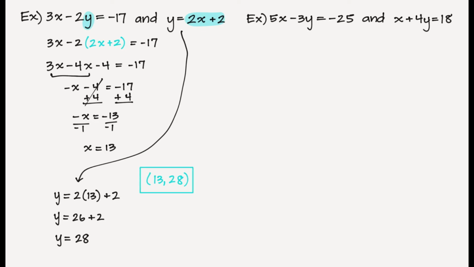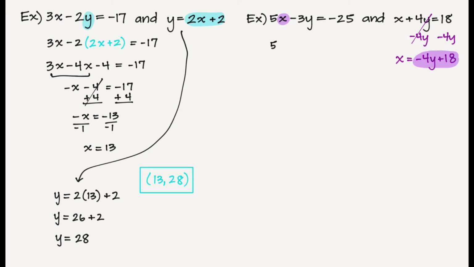All right, let's look at this next one. Neither equation is written with a variable equal to everything else. So I'm going to just maybe rewrite my second equation. So then it would just be x is equal to negative 4y plus 18. So now that that's done, I can take what it's equal to and substitute it into my first equation.